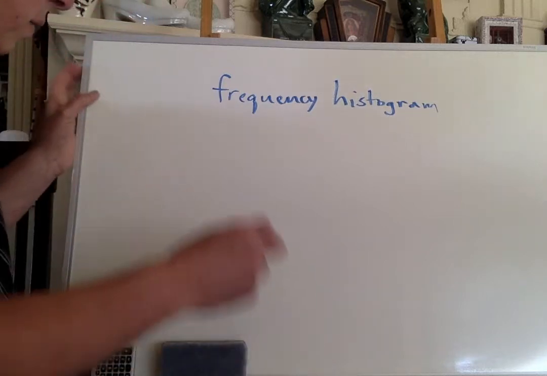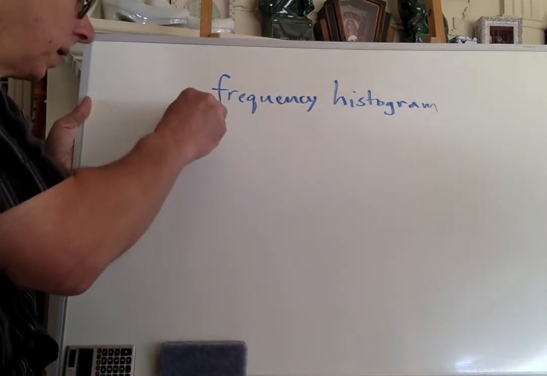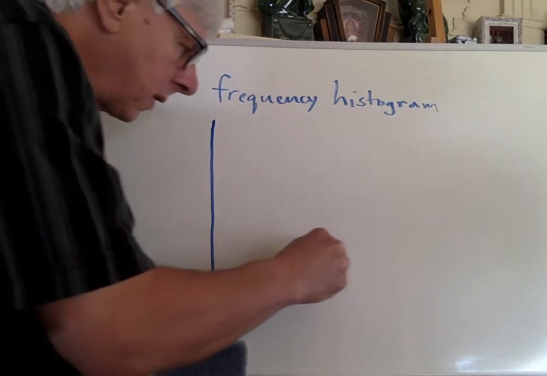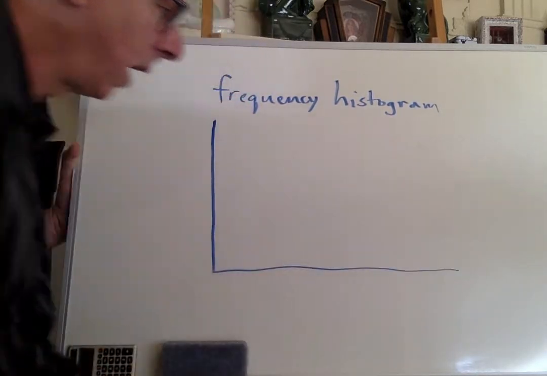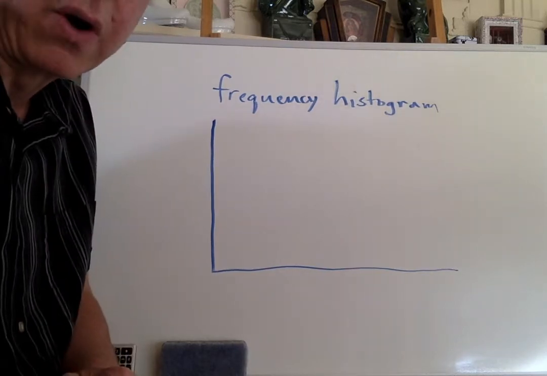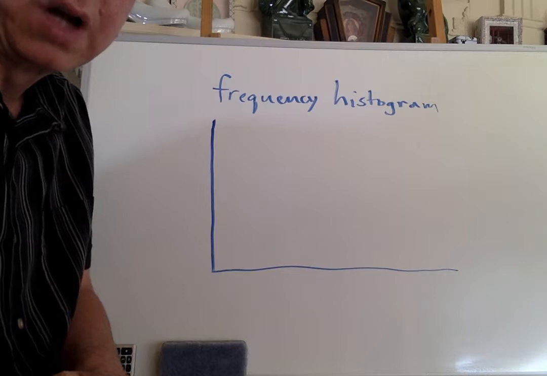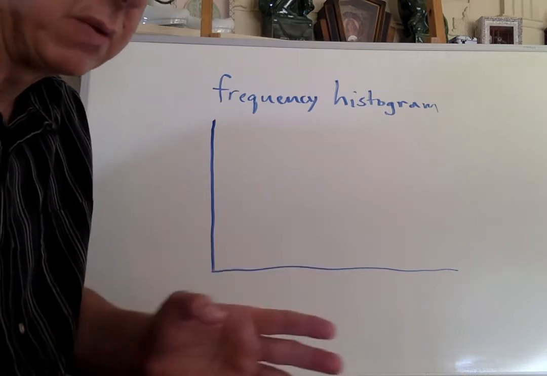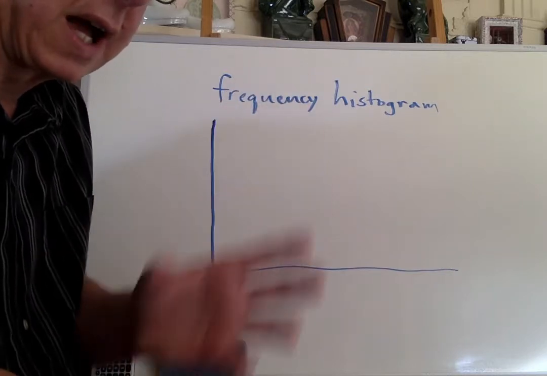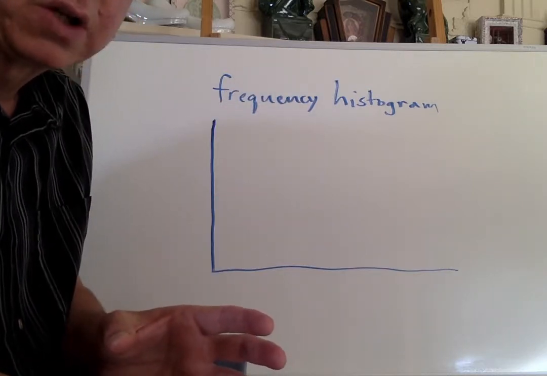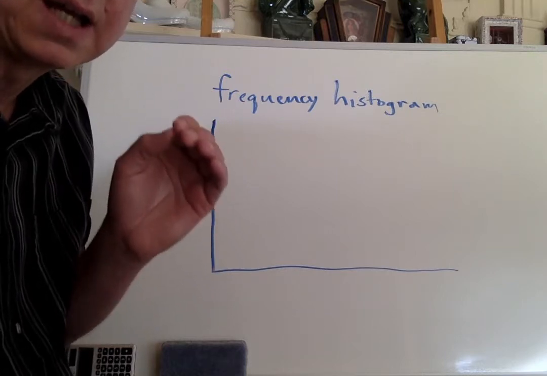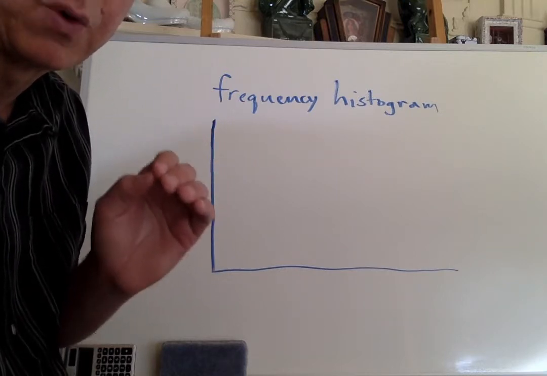Okay, and the way we do this, let's make our y-axis here and our x-axis this way. Okay, and let's take a look at our happiness data set. That should be right in your notes. And remember, we have our x column, which includes all of our possible scores, right? 10, 9, 8, 7, 6, 5, 4, 3.